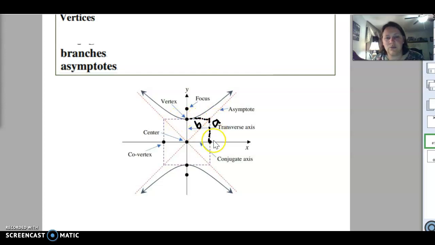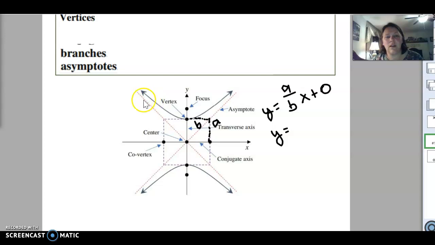So this box is really nice to draw out with just a dashed line every time you have to draw a hyperbola, because when you know what your center is, and you know what your B and your A values are, you can very easily write the equation for your asymptotes. You can see that the slope of this asymptote right here, if we wanted to write an equation for that, we would say y is equal to A over B x, because it rises A, runs B. Plus, well, it's always going to go through the center, which this time just happens to be at 0, 0.